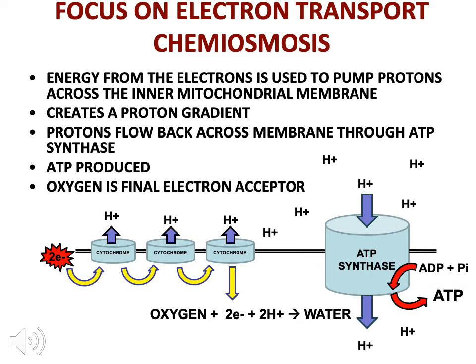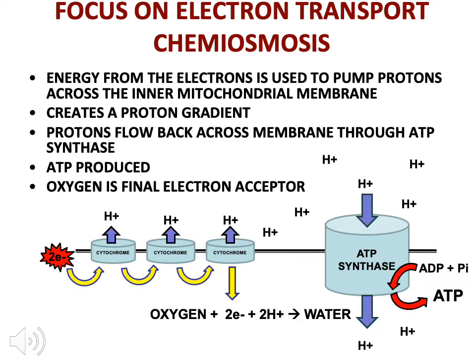So chemiosmosis is going to involve a proton gradient. Somewhere next to that word, chemiosmosis, write down: proton gradient makes ATP. Chemiosmosis, right next to that word, proton gradient makes ATP.